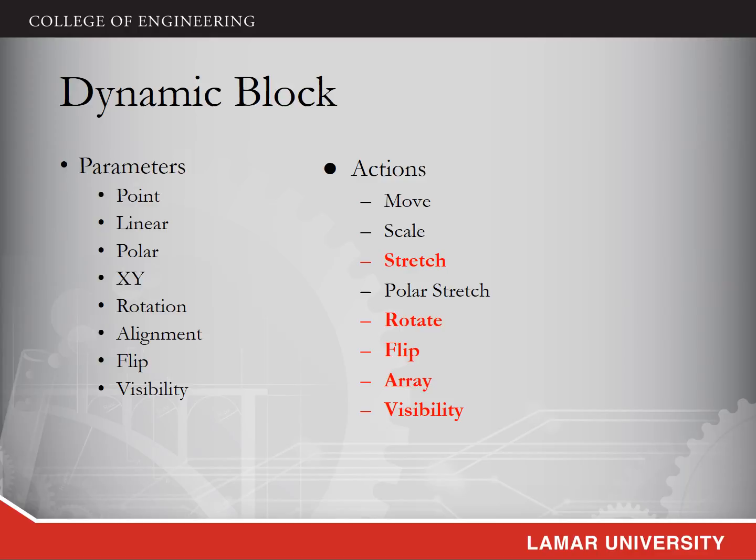It also provides some useful actions such as move, scale, stretch, polar stretch, rotate, flip, array, and visibility. In the rest of this lecture, I will show you some demonstrations of the actions of stretch, rotate, flip, array, and visibility for dynamic blocks.